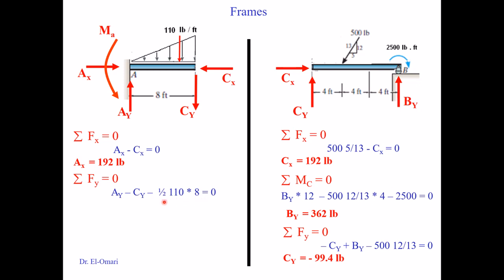That's the area of the triangle, and that's the resultant. And then you solve it, you get that the Ay is 539 pounds. It is positive, right assumption.